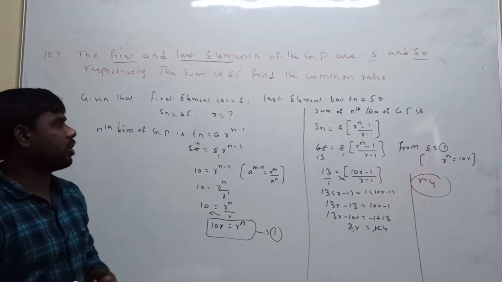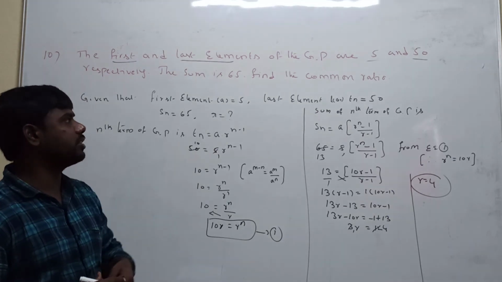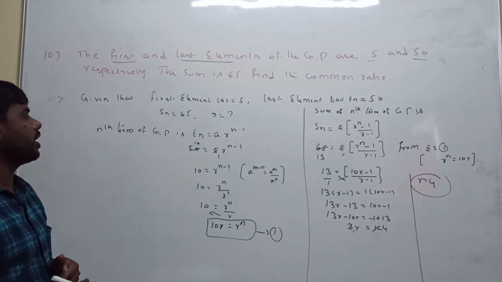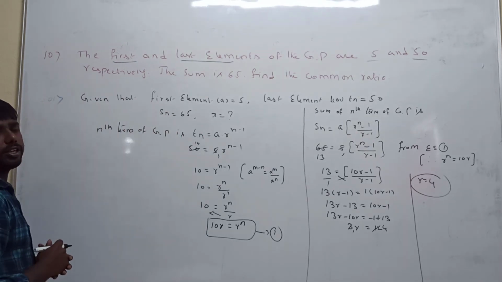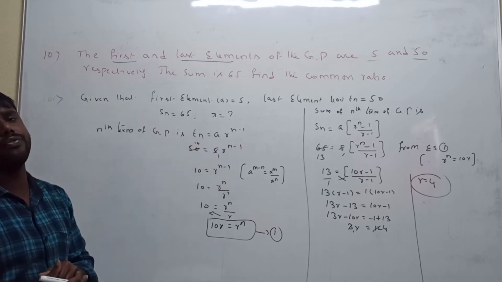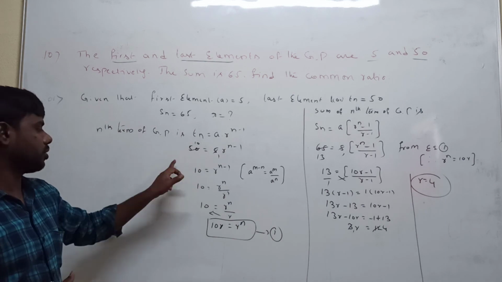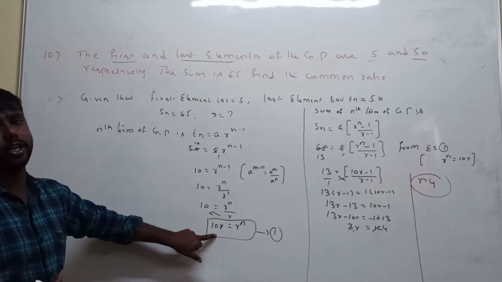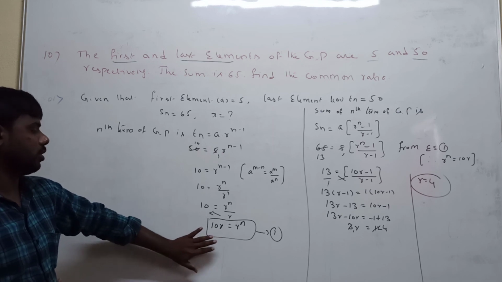Because they have given the last element, we apply the nth term of a geometric progression, Tn is equal to a into r to the power of n minus 1. We substitute all the values that we got, and r to the power of n is equal to 10r. Stop this one.